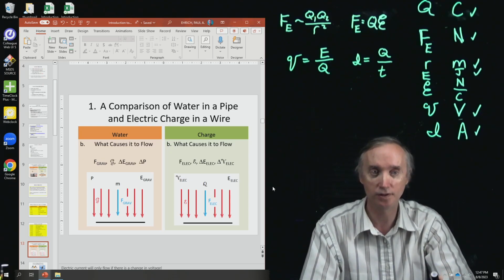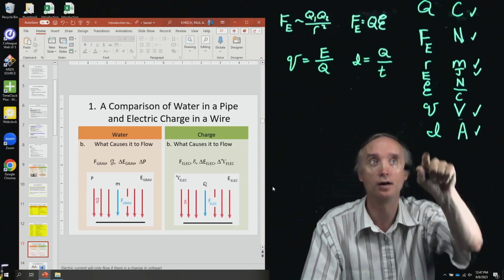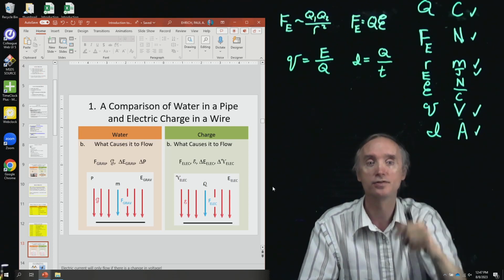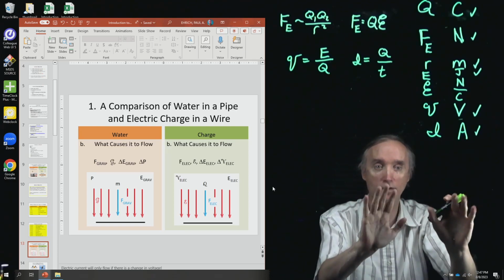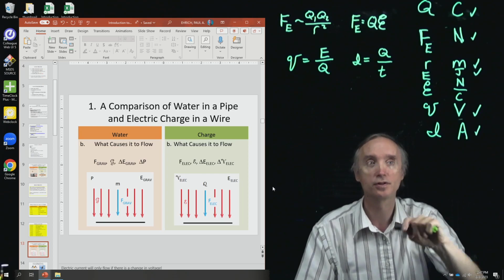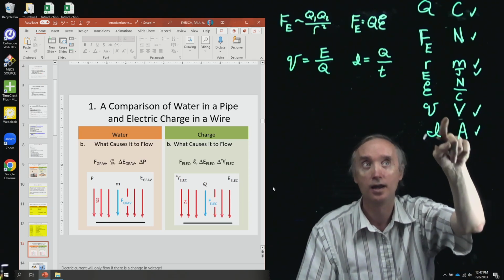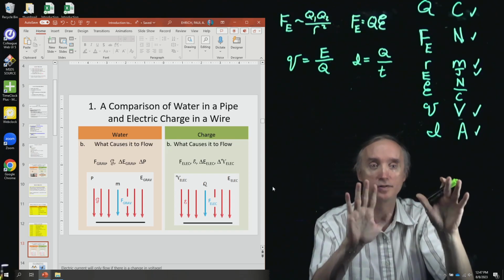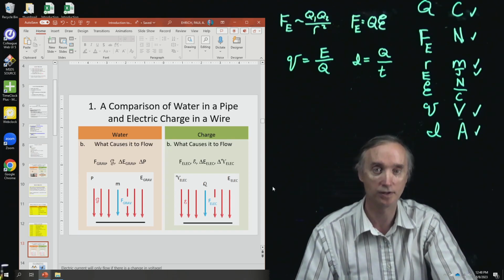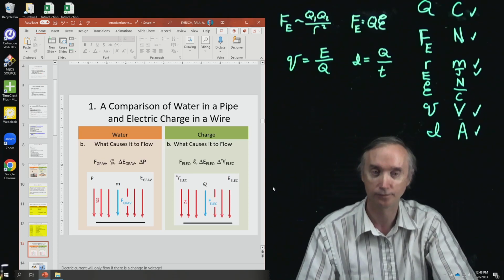So electricity flows because of voltage. It's the pusher of the electricity. So the current is the flow of the electricity, and the voltage is what's causing the current in the first place. It's the thing that's doing the pushing.